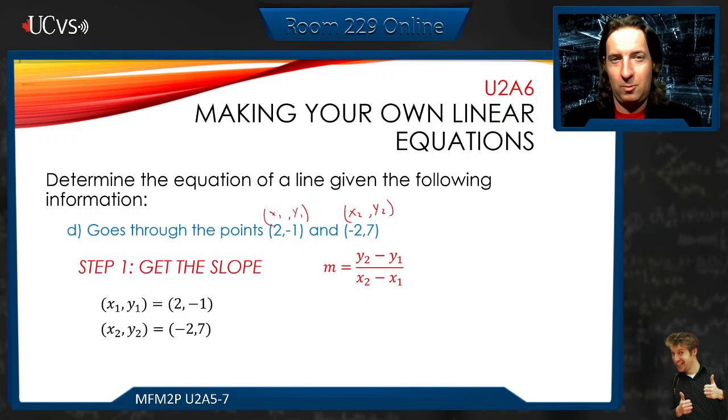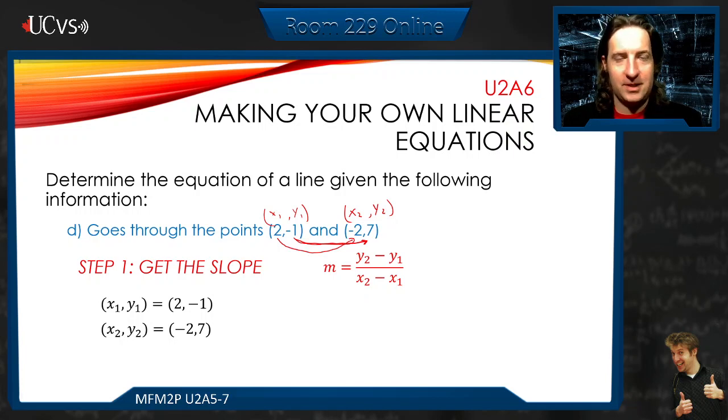Rise is in the y direction, so it's the change in y. How do I go from -1 to 7? That's what this expression is saying. y2 minus y1 is how do I get from -1 to 7? And the run is x2 minus x1. This is saying, what is the change in my x values? How do I go from 2 to -2?